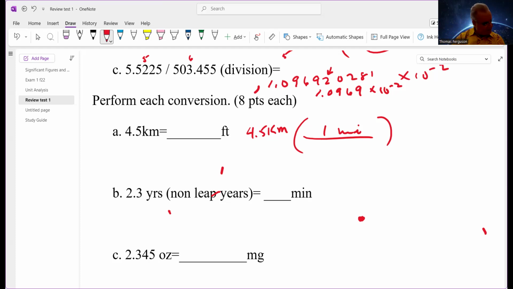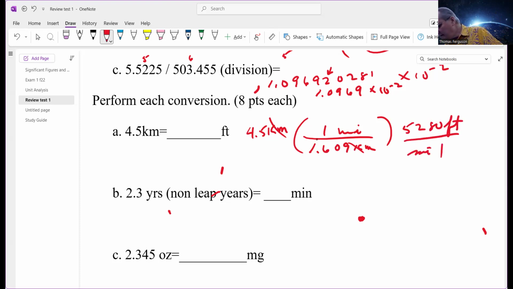It was 1609. Okay, then there's 5280. That's one way.